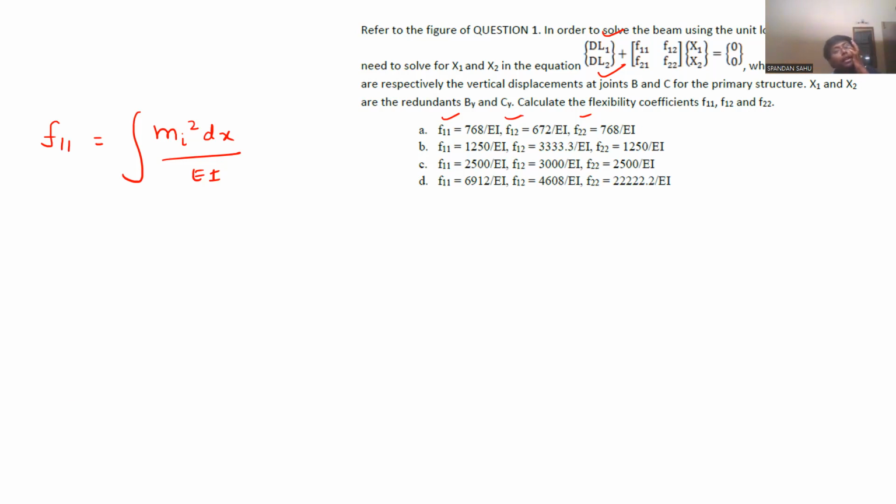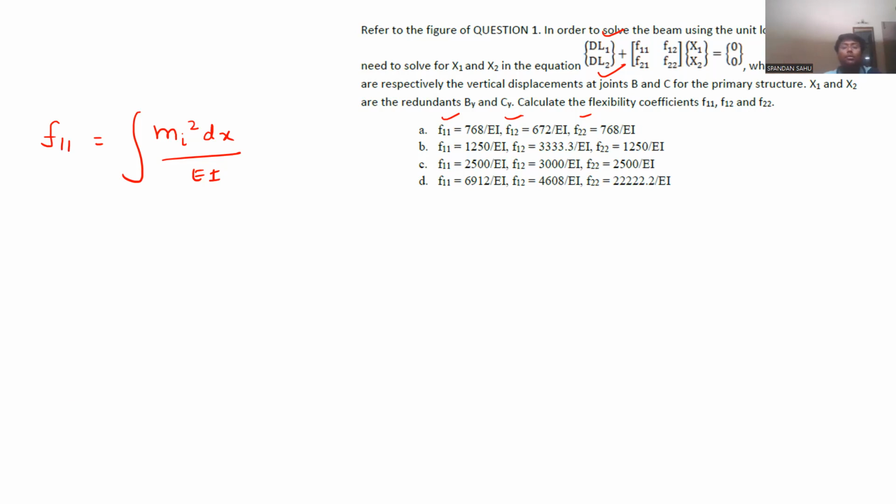How you developed F11 for a truss: k into P, first M1, then M1 into M2. Here k is small m, P is capital M, and the summation will be replaced by integration.